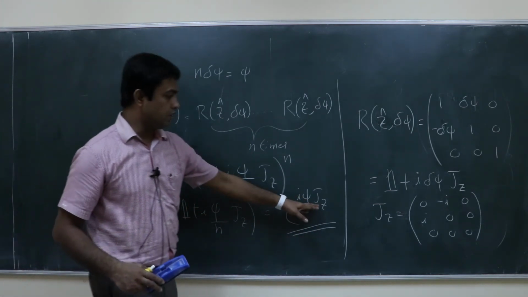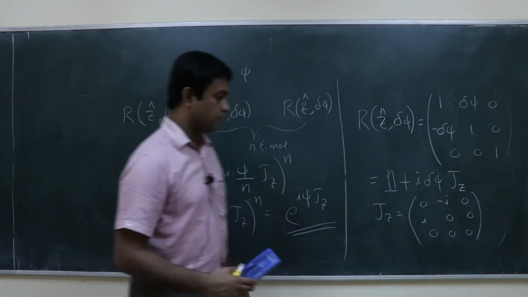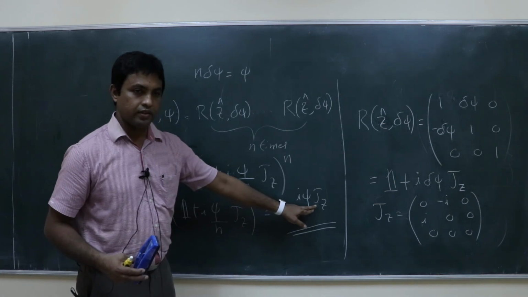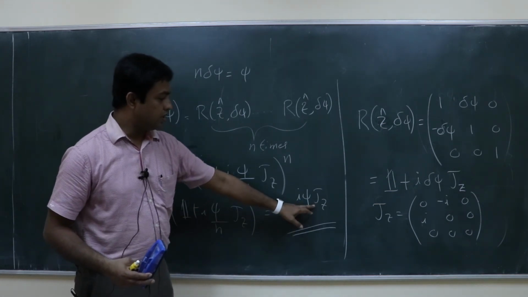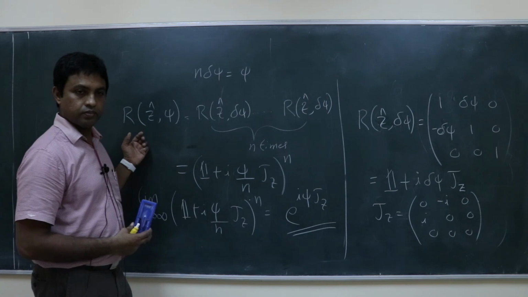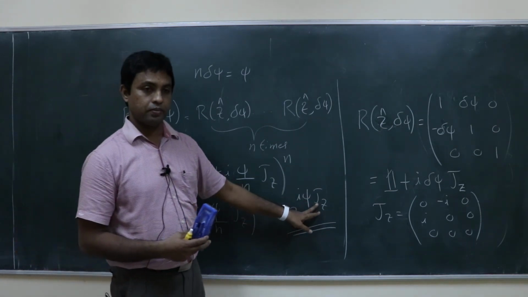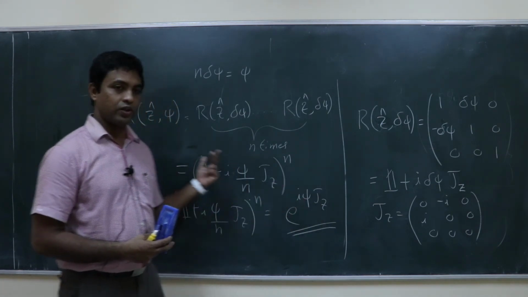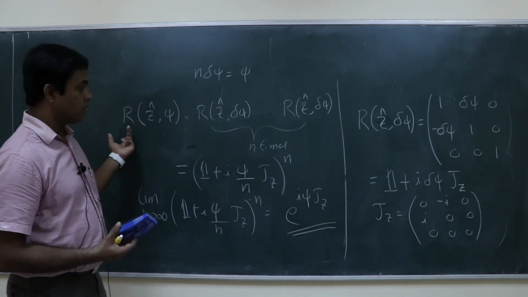What is jz? Jz is this matrix. So this jz is basically the generator of the rotation. Usually it is an angular momentum. So angular momentum is a generator of rotation.